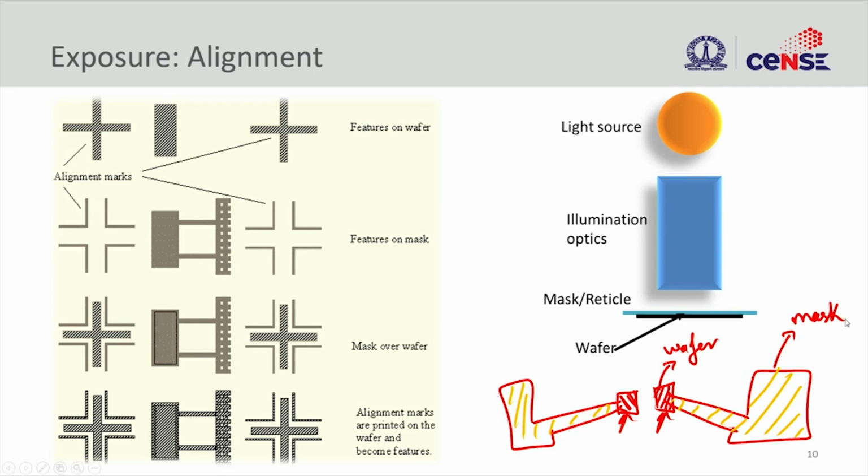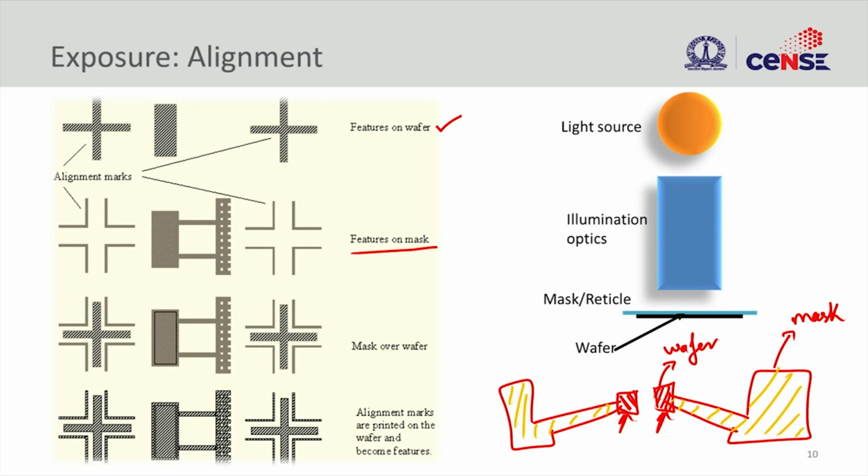Now you should find a strategy to align these two together, and that is where we use some alignment markers. For instance, if you put a cross on the wafer, and on the mask you put a cross that is covering whatever alignment cross you had.